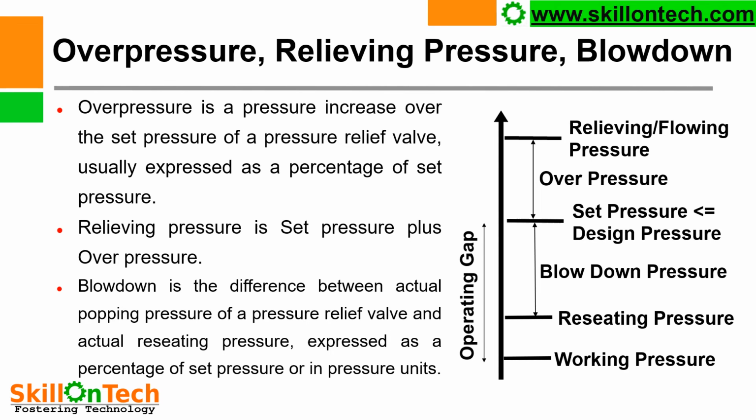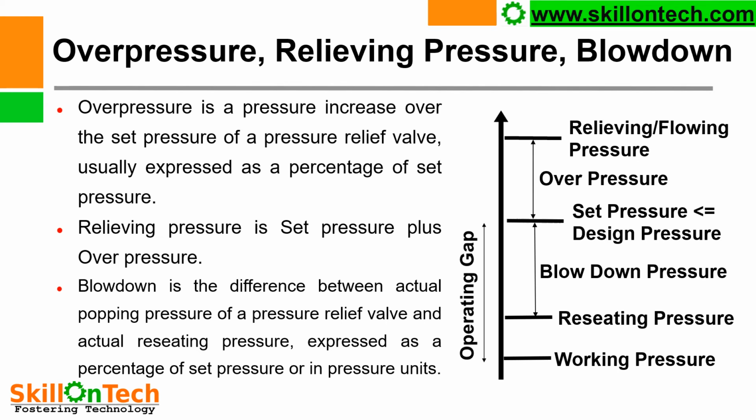Suppose your safety valve is operating at 90 psig, then the set pressure will be 99 psig. And if pressure is over the set pressure, that will be called overpressure. Relieving pressure is set pressure plus overpressure.